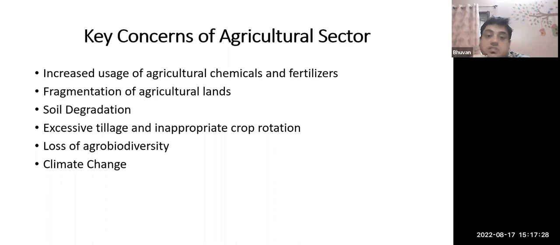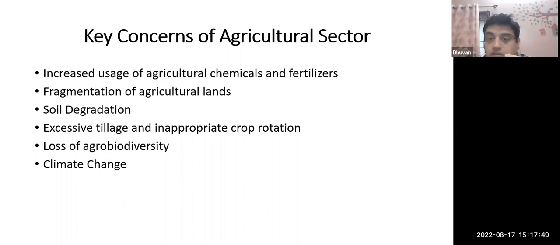Then we have excessive tillage and inappropriate crop rotation. If we talk about India, for example, in Punjab and Haryana, only two crops are followed in the rotation cycle. First is wheat, which is grown in the Rabi season, and then we have rice, which is grown in the Kharif season.